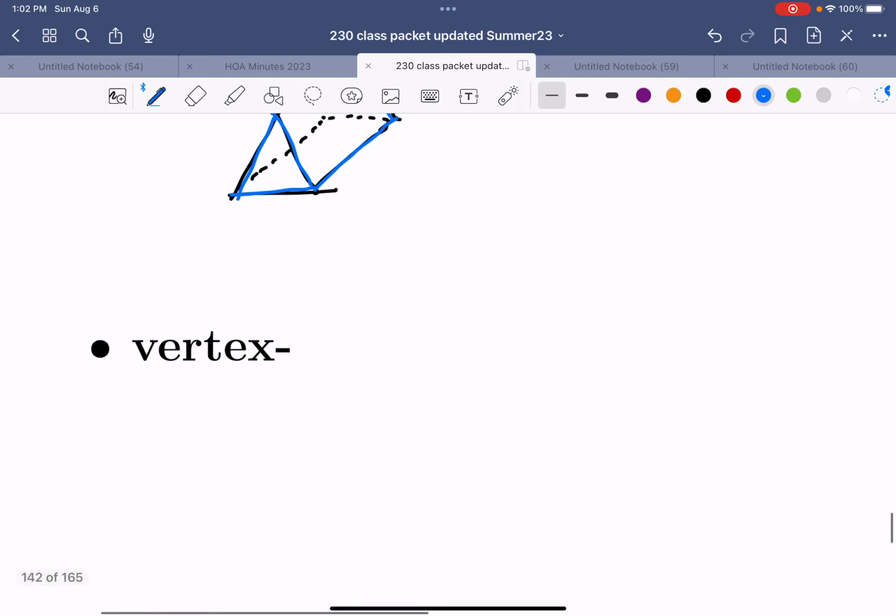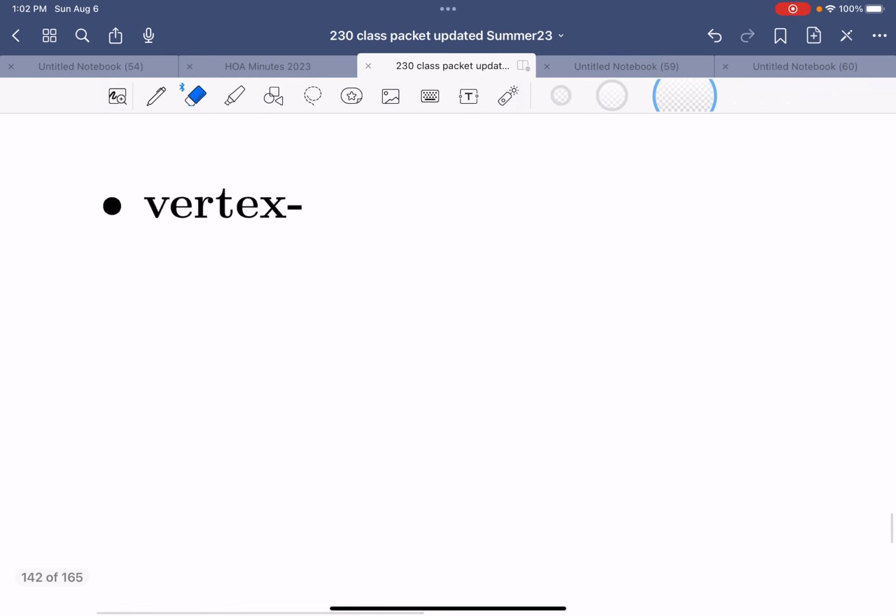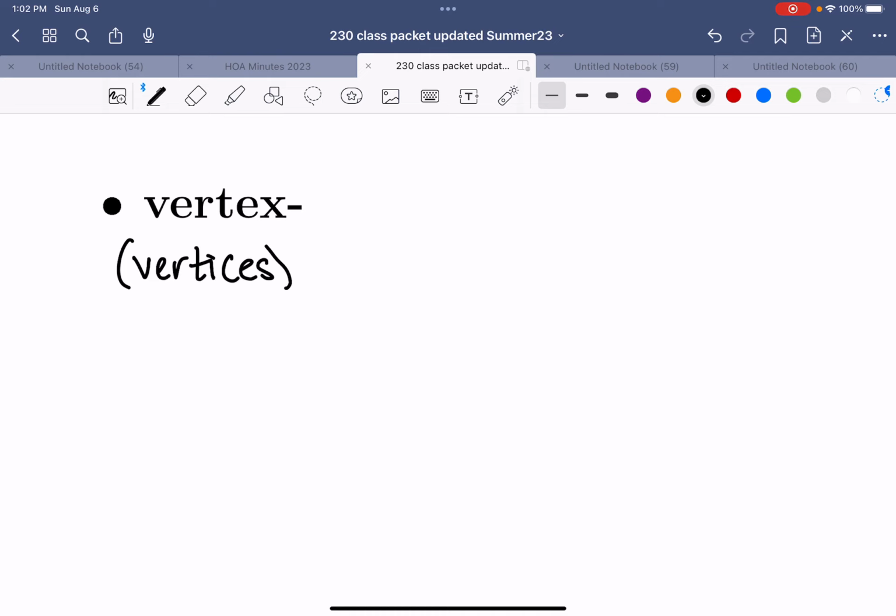For a vertex, or for plural, we're going vertices. This is a point where two edges meet. And this is true whether you're on a polygon or a three-dimensional surface.